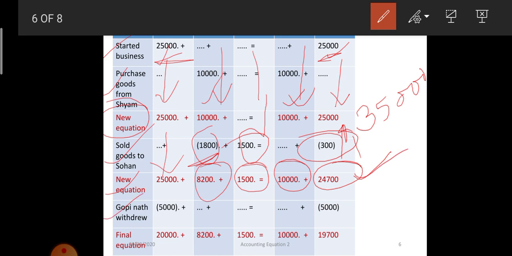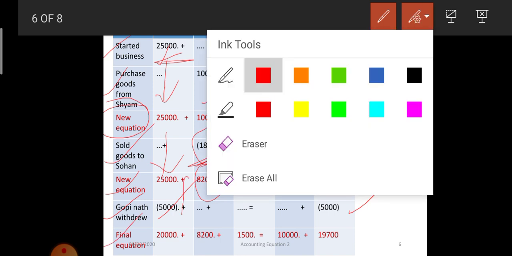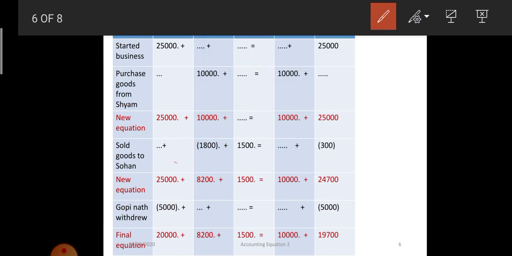Now the last transaction. Gopinath withdrew cash for personal use. So capital will decrease and cash will decrease. Now find out the final equation. Cash is now 25,000 minus 5,000. Cash is now 20,000 rupees. Stock no change, 8200.